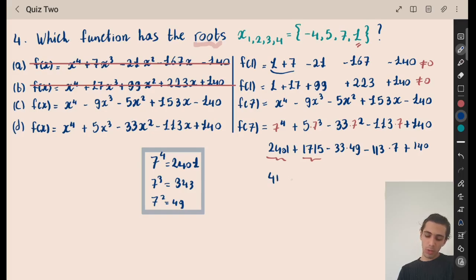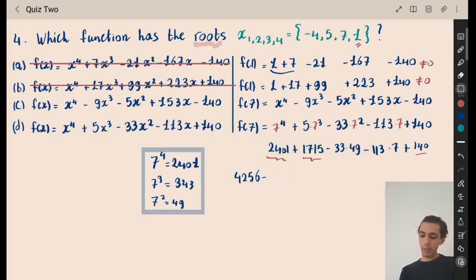4,116 minus, and also let me add this value as well. If I add it, I get 256, and I'm taking away this amount.